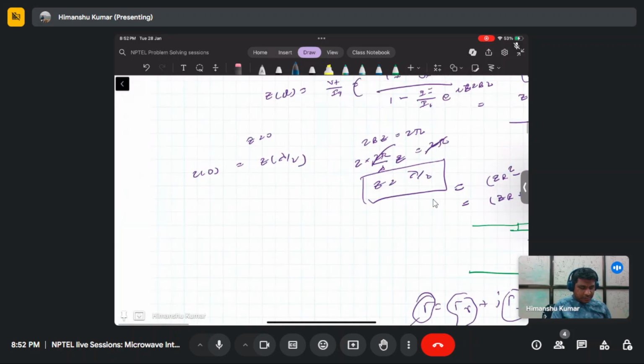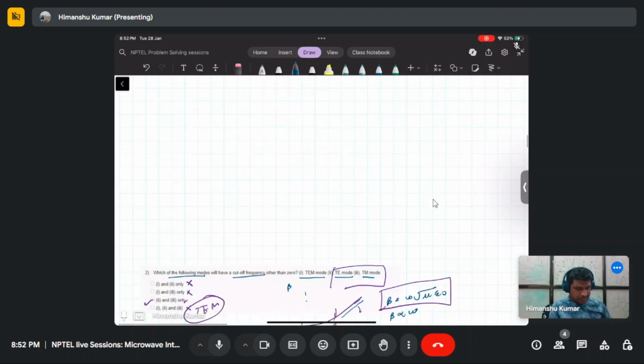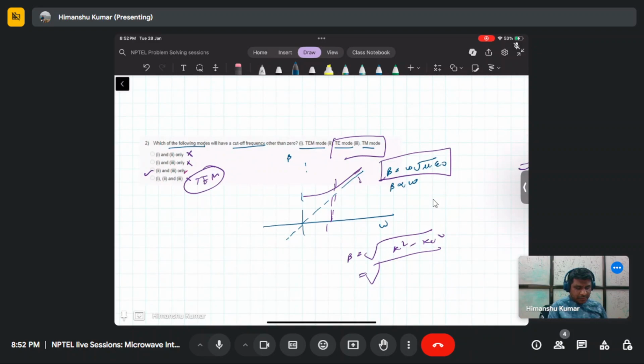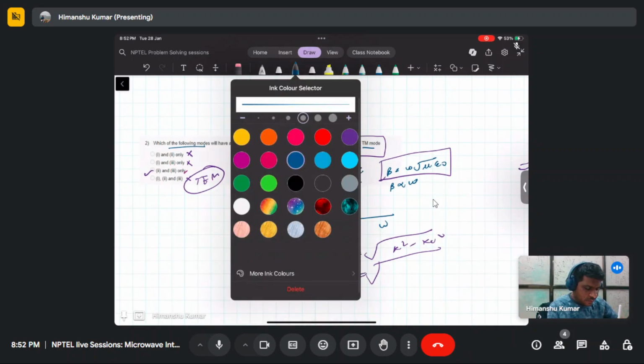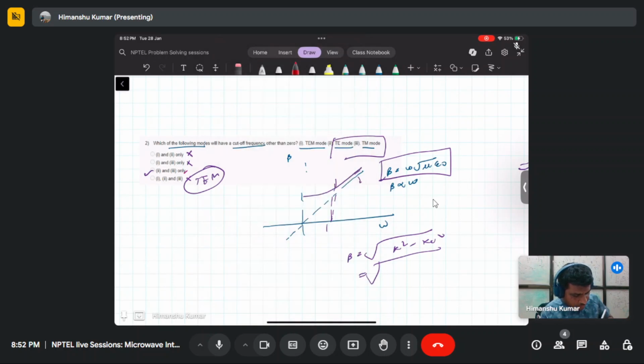Okay, let's move to the next problem. Which of the following modes have a cutoff frequency other than zero? As you know, in a two wire transmission line, the TEM mode is a broadband mode.